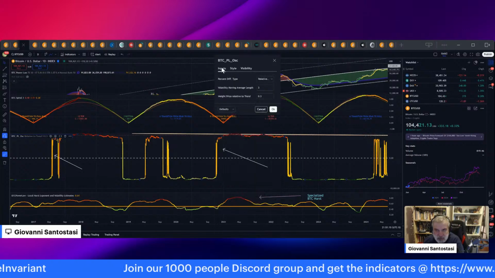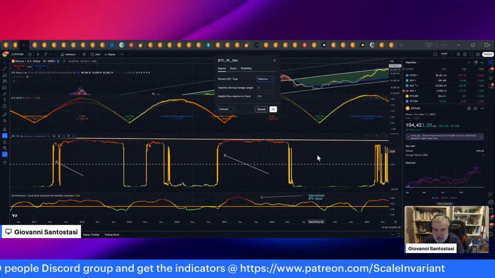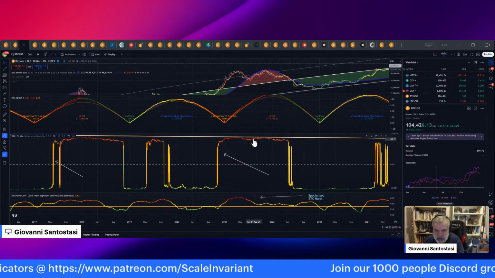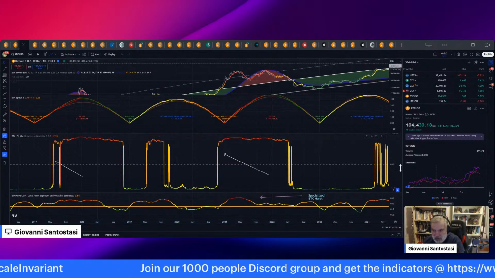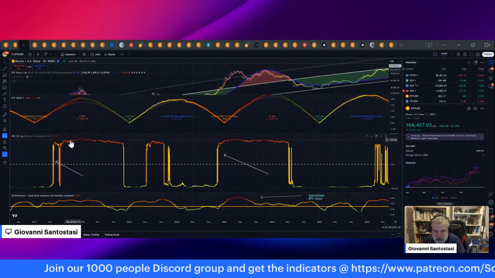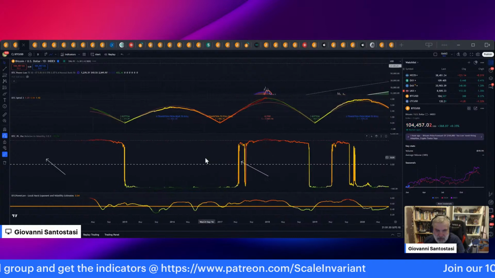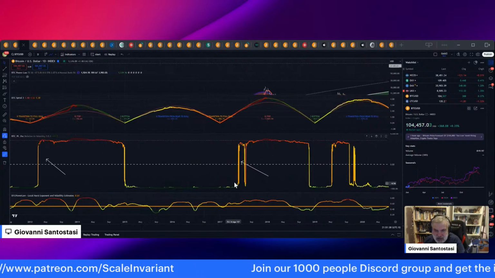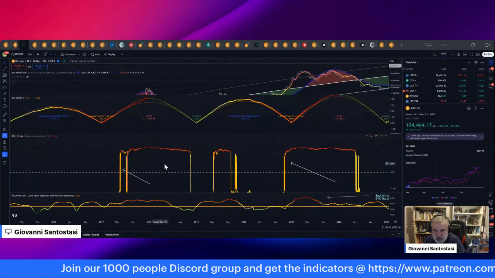There are different ways to do that, by the volatility. If I do that, it's even more clear because all these peaks became normalized. Let me take these away for a moment. You see, they are similar heights. And you have this green area and red area, green area and red area.